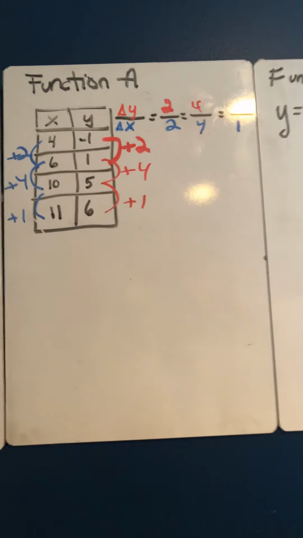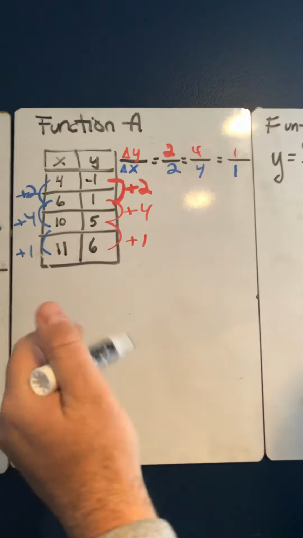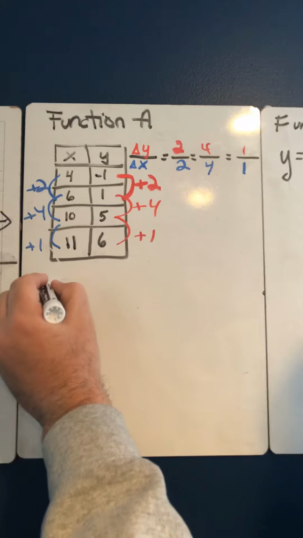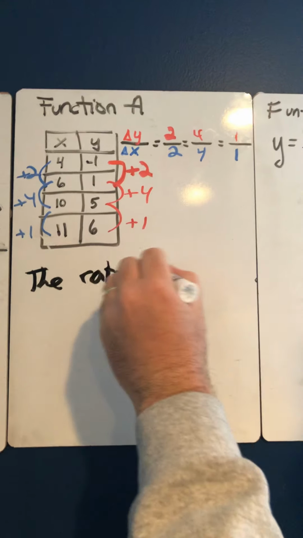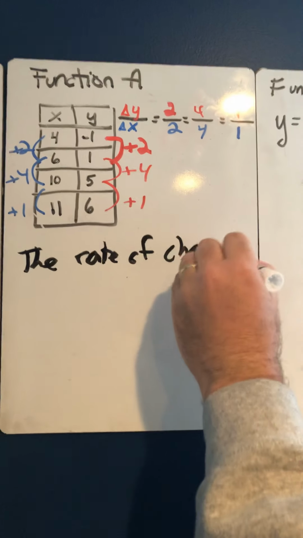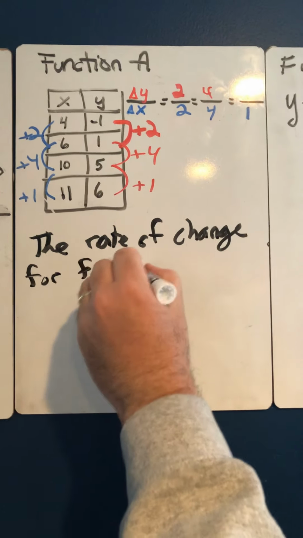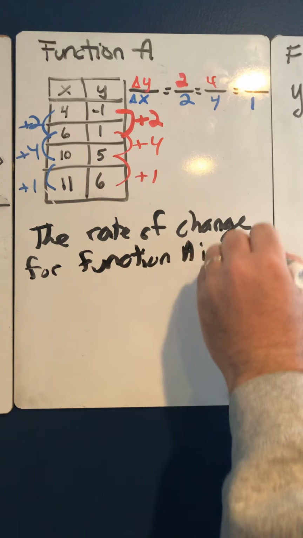So the expectation on these problems is you show your work like I have here, but you also explain it. So my sentence to explain it, give at least 2 sentences. I would say the rate of change for function A is 1.